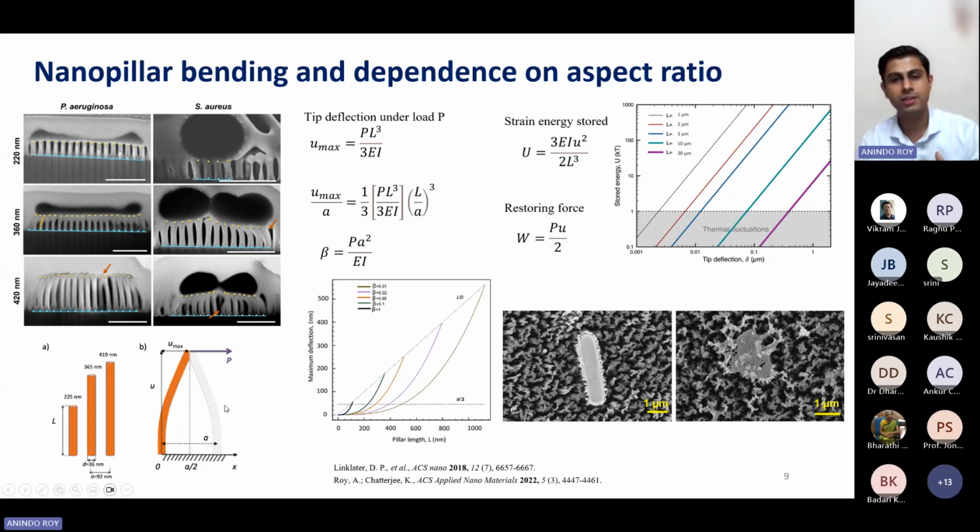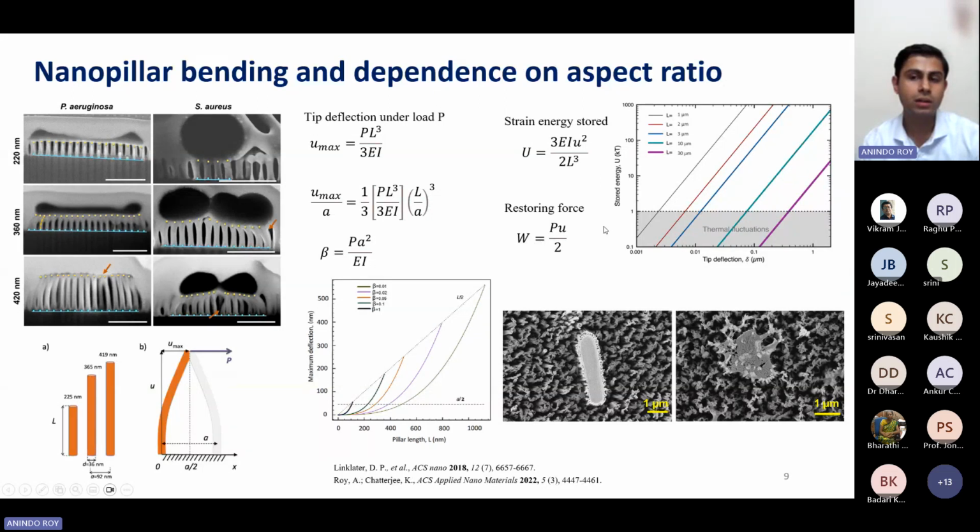And obviously there is a restoring force as well. Now, when this stored strain energy crosses a certain threshold value, the pillar will spring back to its original position and it will rupture the bacterial cell wall. So as you can see here in these two images, this is actually another mechanism, another way in which higher aspect ratio, flexible nanostructures can kill bacteria.